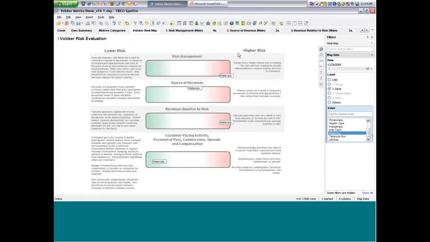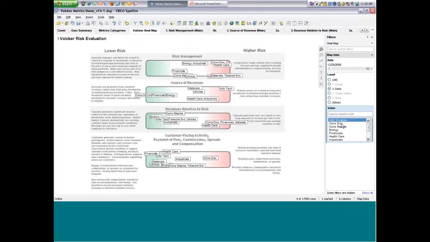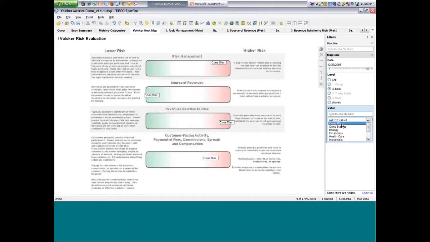That's a little bit of background around the type of data we're looking at. But I think the heart of our approach to Volcker is captured on this Volcker heat map. For a lot of different reasons, the legislation and the subsequent guidance that has come out has been very unclear around what specific thresholds constitute proprietary trading.